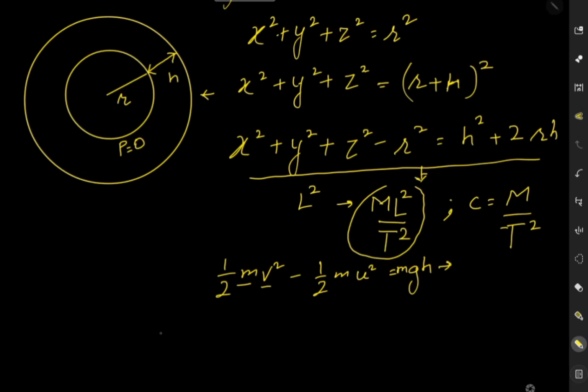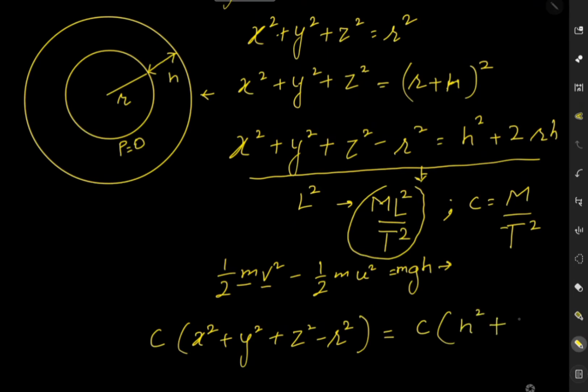Multiplying by c on both sides will not affect our overall equation. So this is now our new equation.